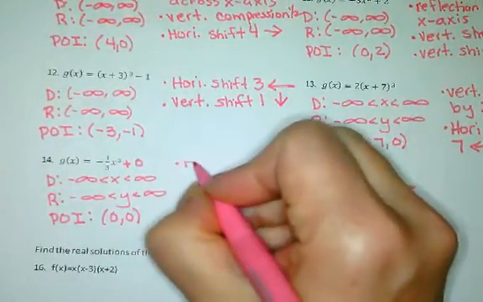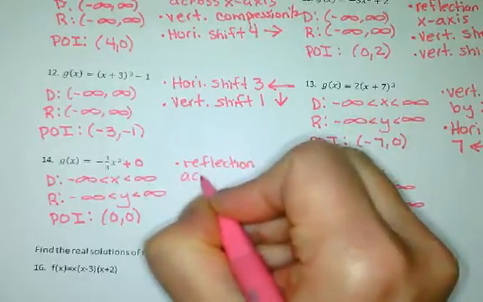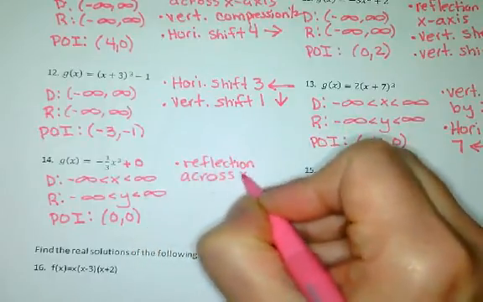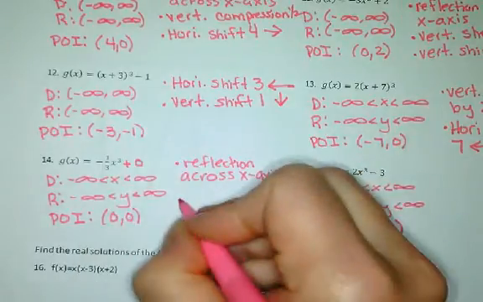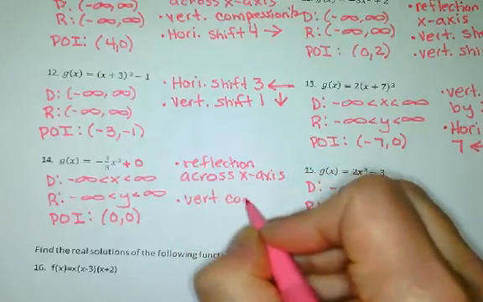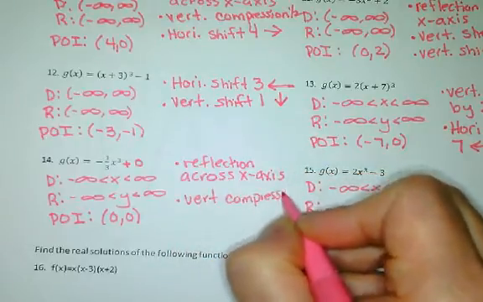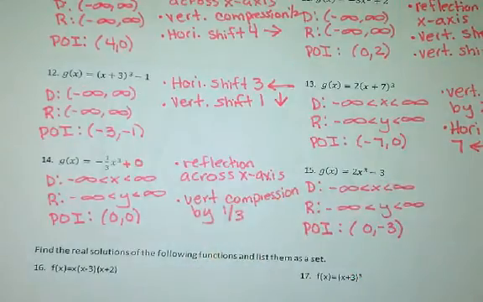All right, number 14, I do see a negative. So again, that tells me it's a reflection across your x-axis. And it's also a fraction, so that tells me it's a vertical compression by 1/3.